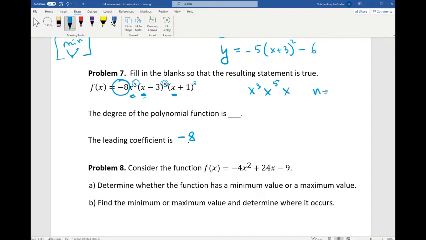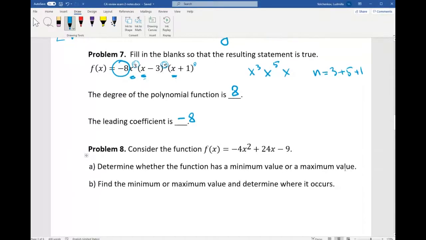So if you add the powers together, you get 3 plus 5 plus 1. The degree of the polynomial is 8. So the greatest exponent, if you multiply all the factors, the highest degree on x will be 8.